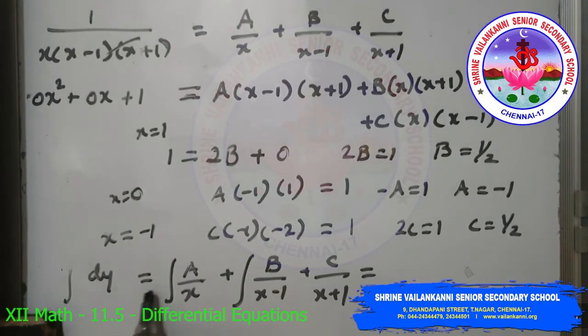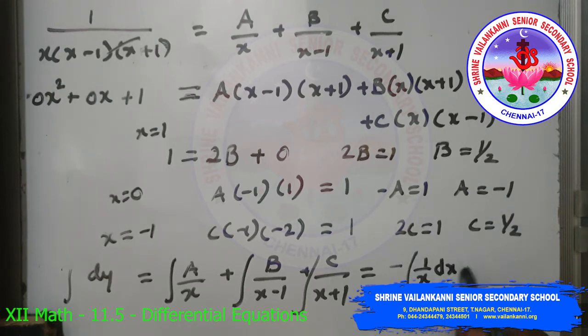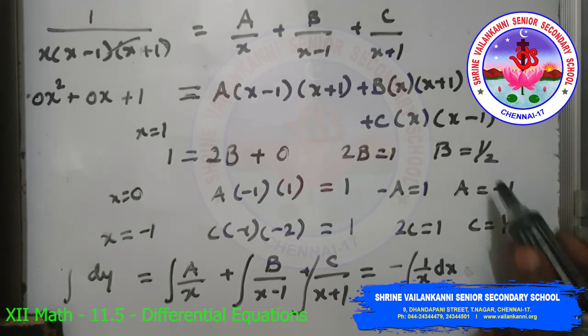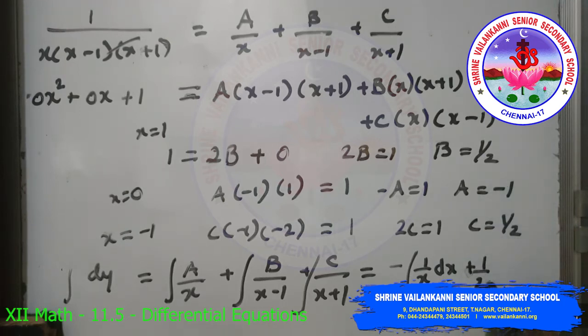So the integral of dy equals the integral of a/x + b/(x − 1) + c/(x + 1). Substituting the values of a, b and c: a is minus 1, so minus the integral of 1/x dx, then b is half, so plus half the integral of dx/(x − 1), plus c is half, so half the integral of dx/(x + 1).